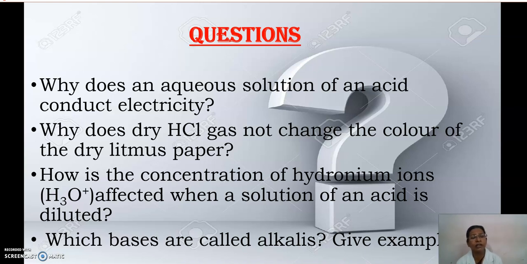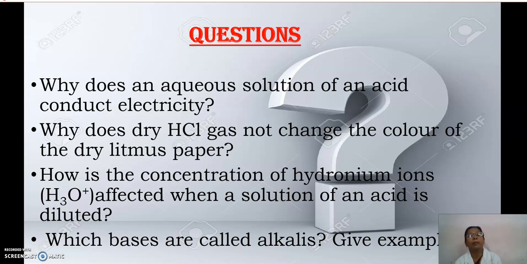Then the next question: why does dry HCl gas not change the color of dry litmus paper? What is the reason? We know that acid will change blue litmus paper to red. But dry HCl gas is not changing it. What is the reason?